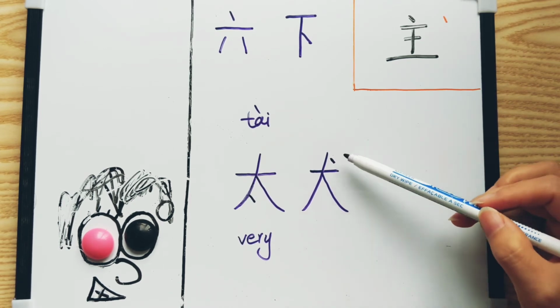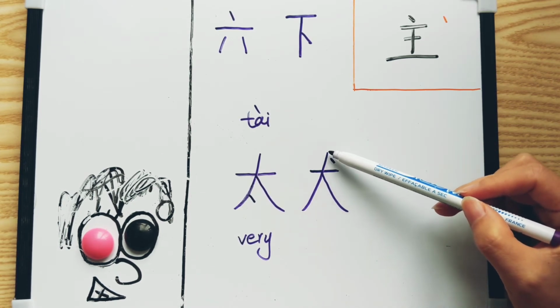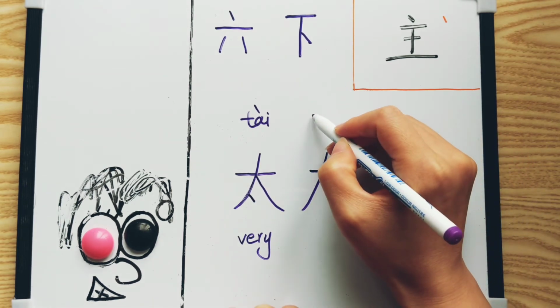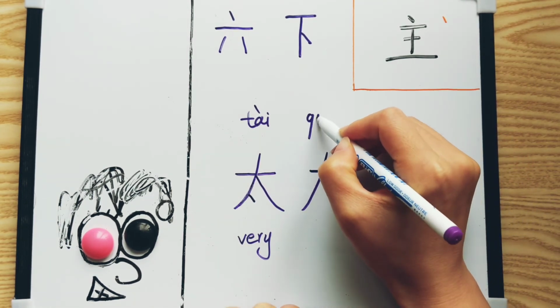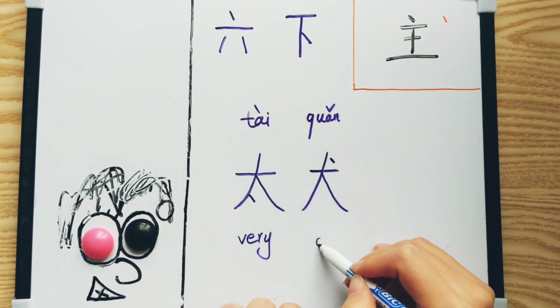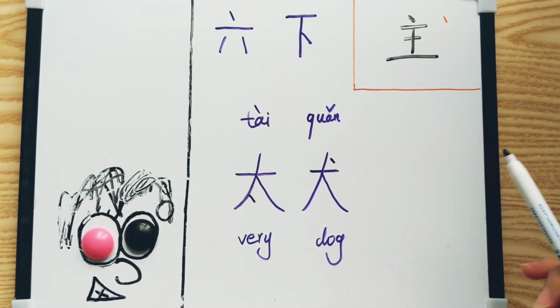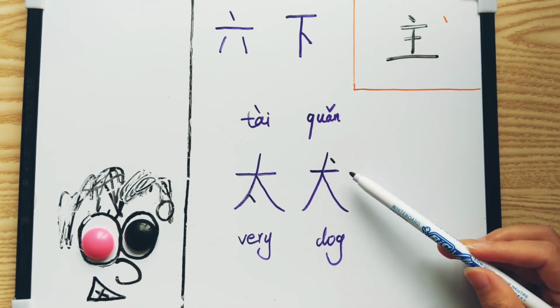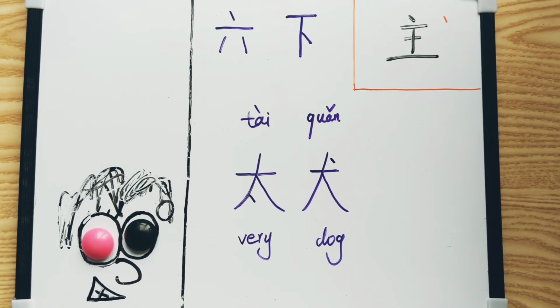Alright, please note this stroke is not connected between these 2. Okay, and again, that's a different character, which means a dog. 犬. Okay, this is just one way to say dog.